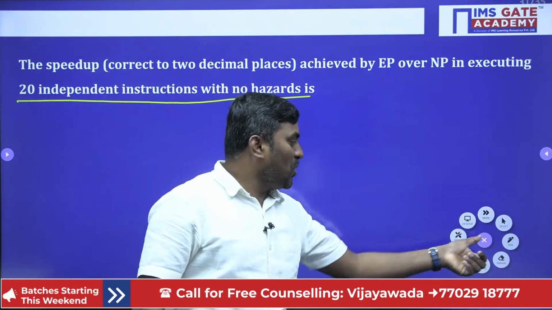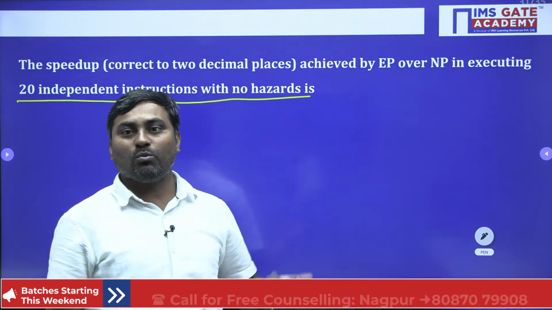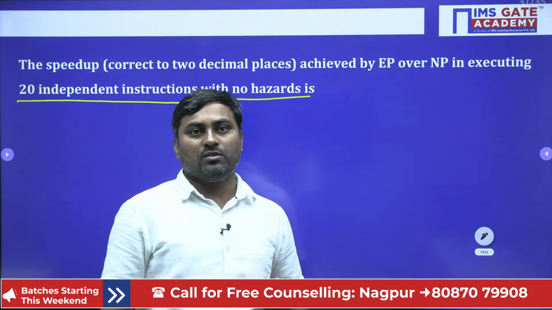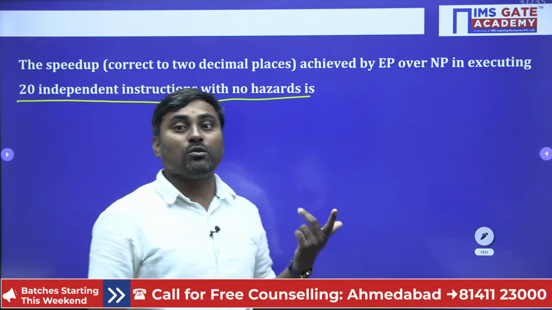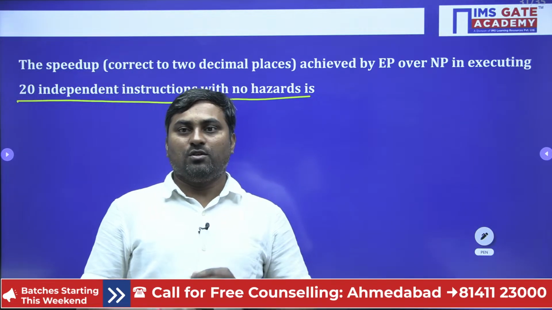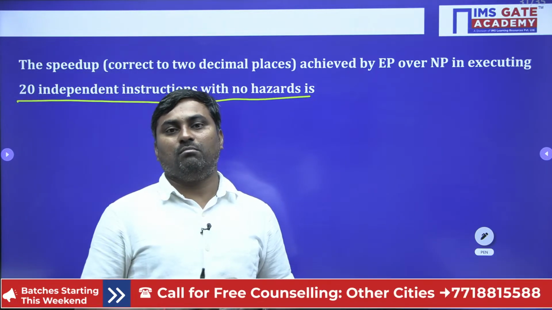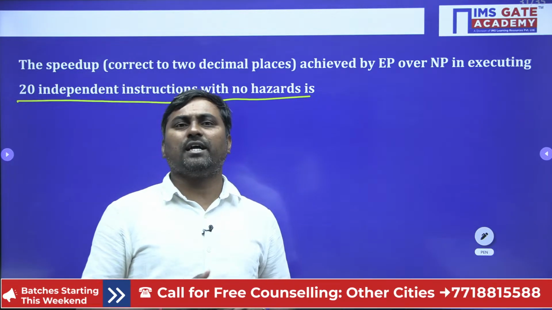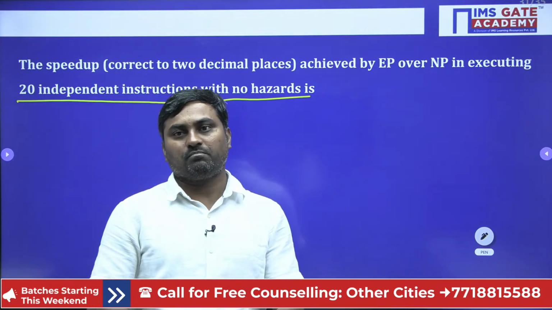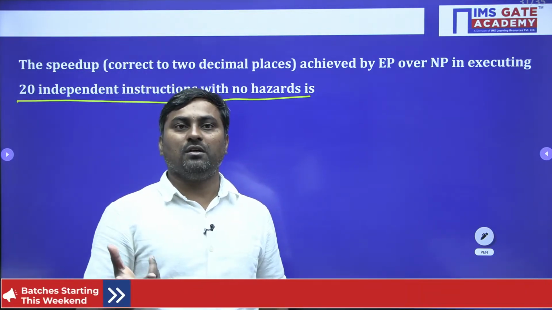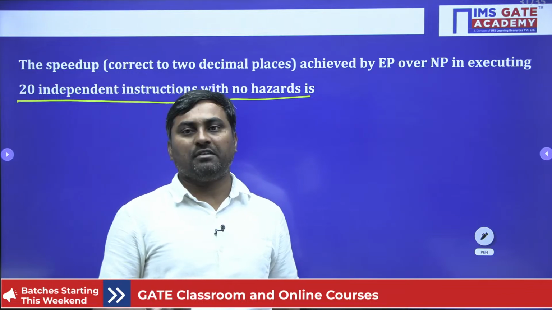Again, this is similar to the previous question, right? Yes or no? This is like the previous 12th question. Some stage is divided into multiple stages here. Now they are asking, if I run 20 instructions in the 2 pipelines, what is the speedup factor.